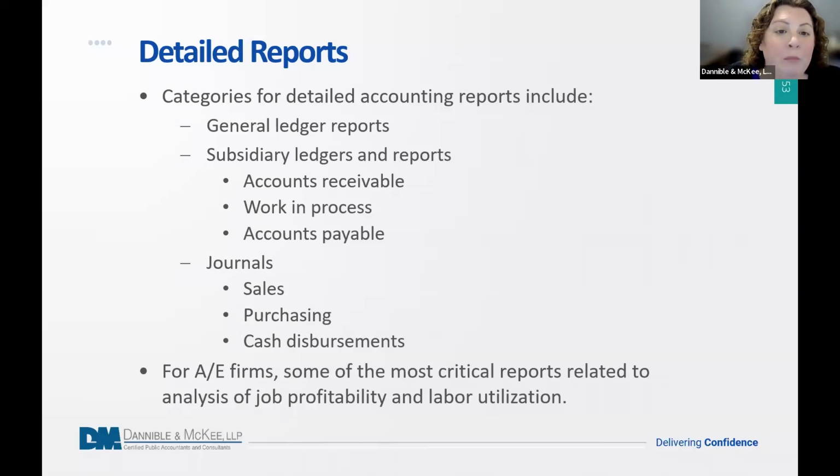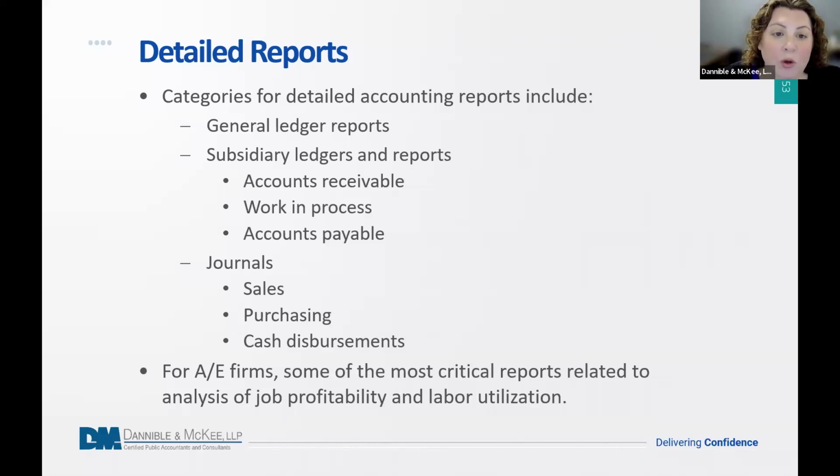Ledgers that are really important that you give out are your accounts receivable agings, your WIP agings, and your payable agings. Those may be included for your project managers. They show them who hasn't paid, show them the work in progress on their jobs.